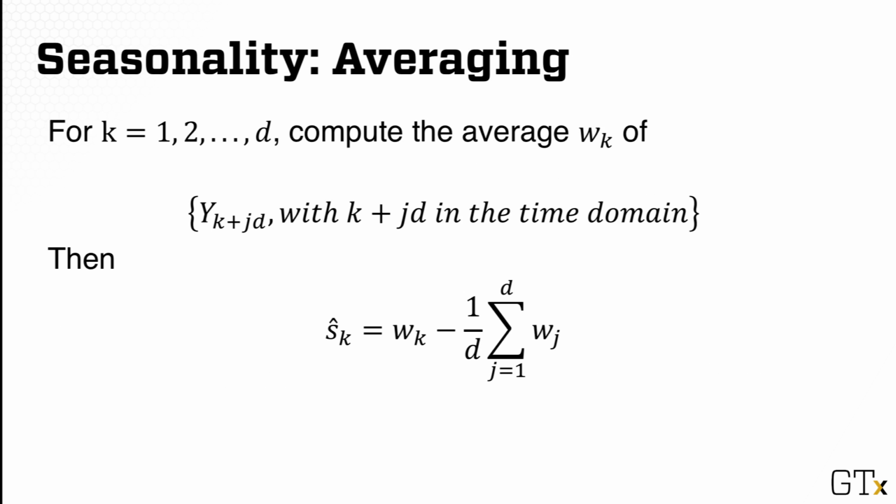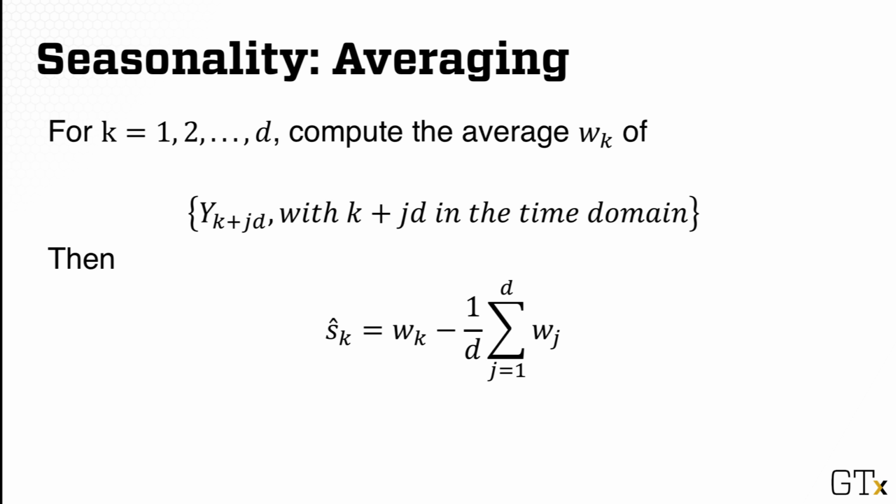The first method is very simple. It takes all time series values corresponding to each seasonal group k from 1 to d and averages them to get the w_k. Note that here d is the periodicity or the number of seasonal groups. For example, if the seasonality is monthly, then d is 12, and one seasonal group corresponds to one month.